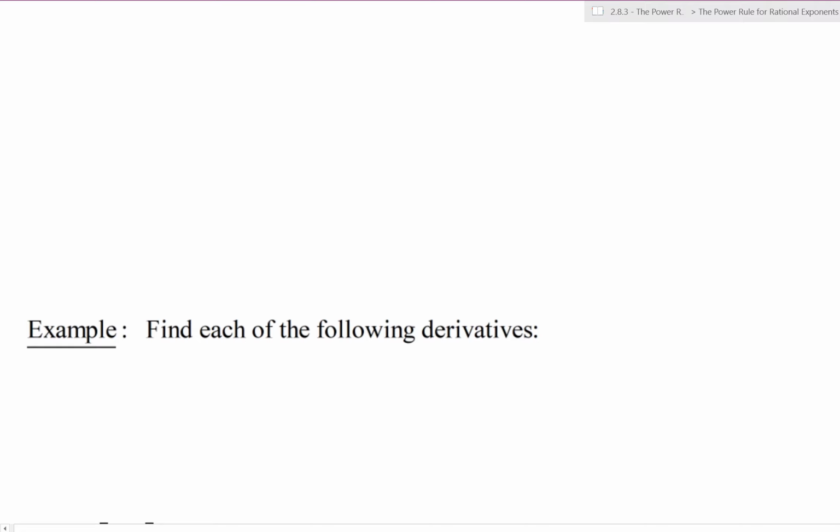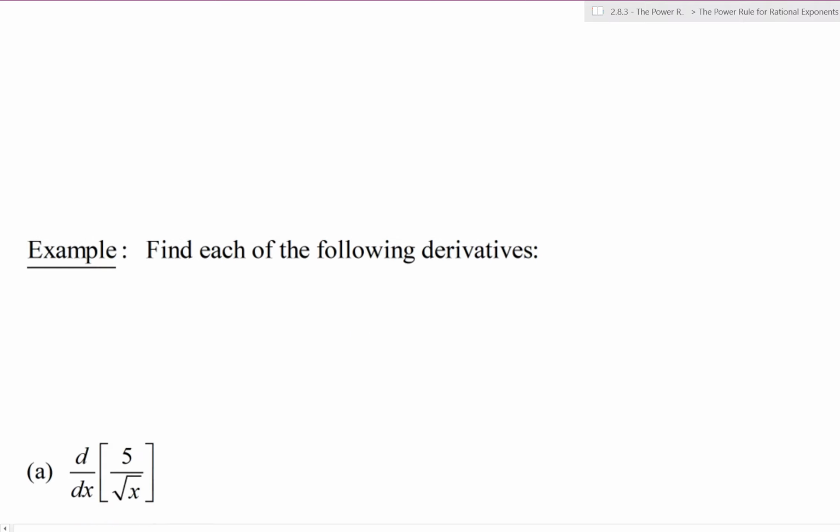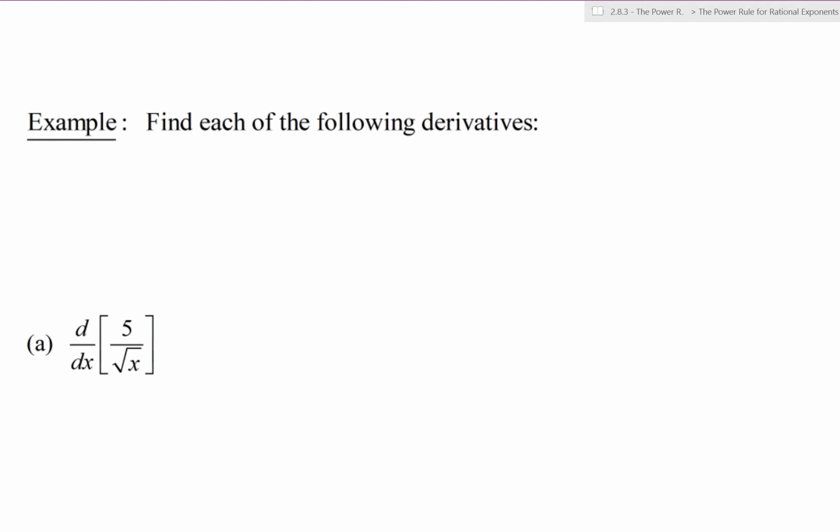Let's find a few derivatives before we wrap up this video here. Let's find the following derivatives. All right. First one, let's differentiate the function 5 divided by the square root of x with respect to x. So what we do is we notice that this is the same as saying derivative with respect to x of the function 5 times x to the negative 1/2 power.